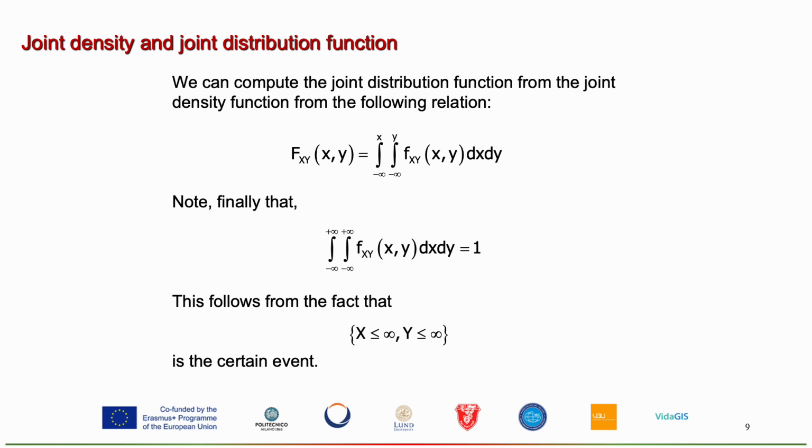Last properties, quite intuitive, are that the integral between minus infinity and plus infinity in x and minus infinity and plus infinity in y of the density function of x, y is equal to 1. That follows from the fact that capital X smaller or equal to infinity and capital Y smaller or equal to infinity is clearly the certain event.